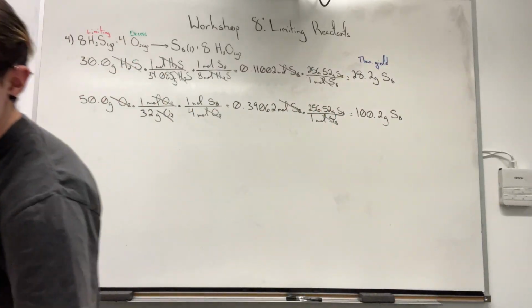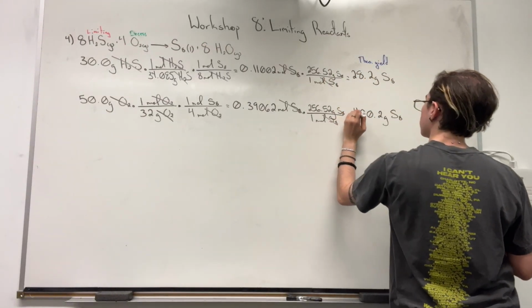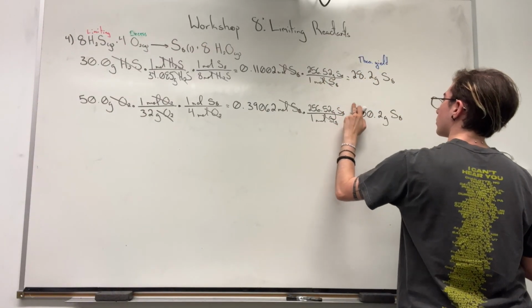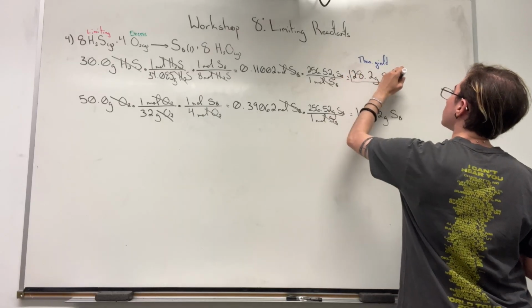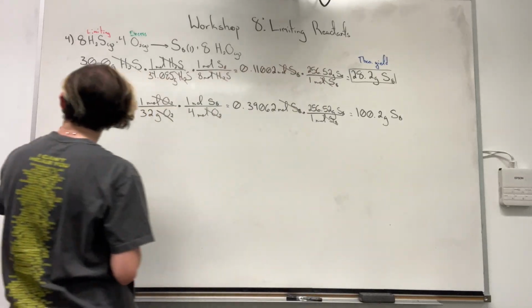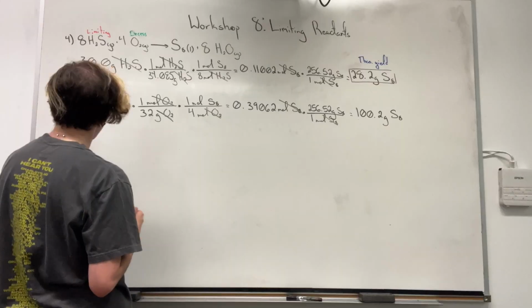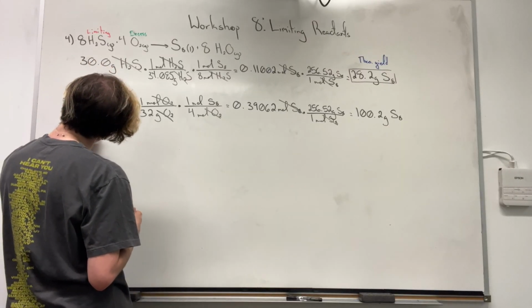Now let's find out how much excess we actually have. We can only make 28.2 grams, which is 0.11002 moles.